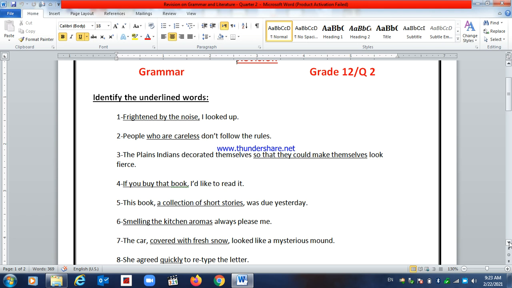Number 6, smelling the kitchen aromas always pleases me. It should be pleases because the subject here is smelling. Subject-verb agreement as you took in the SAT. Smelling the kitchen aromas. Now here the underline, clause or phrase?